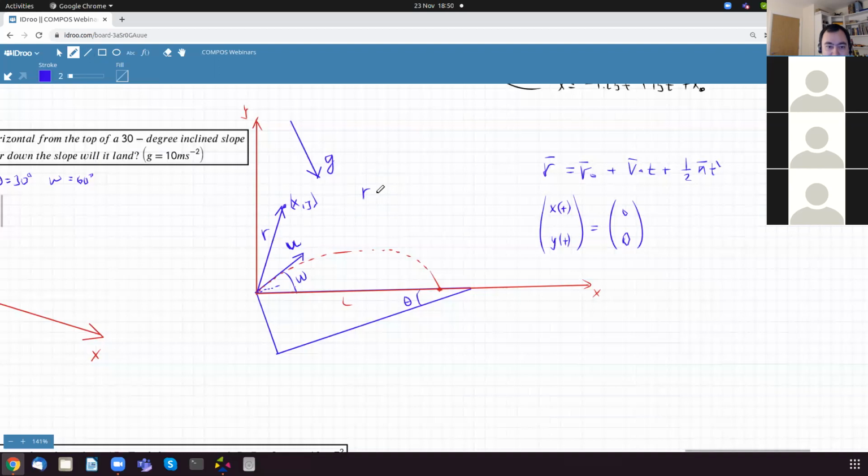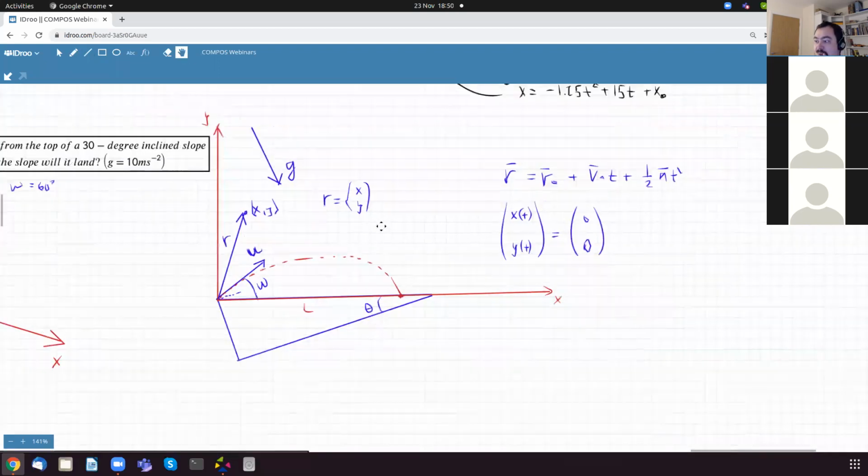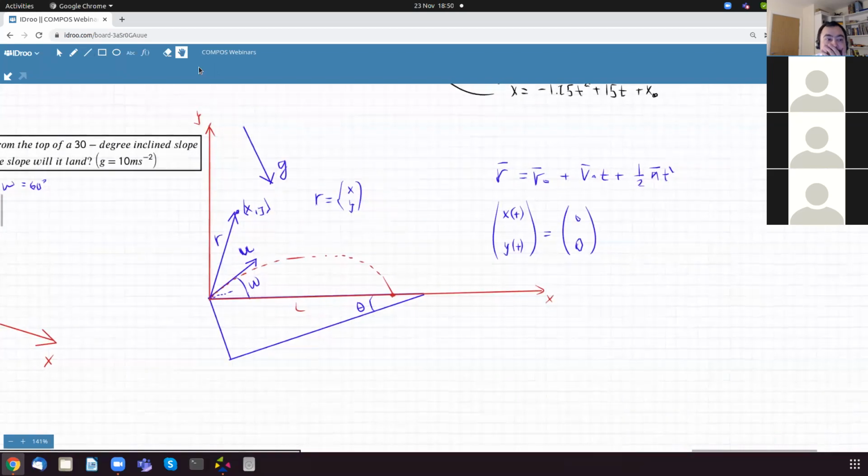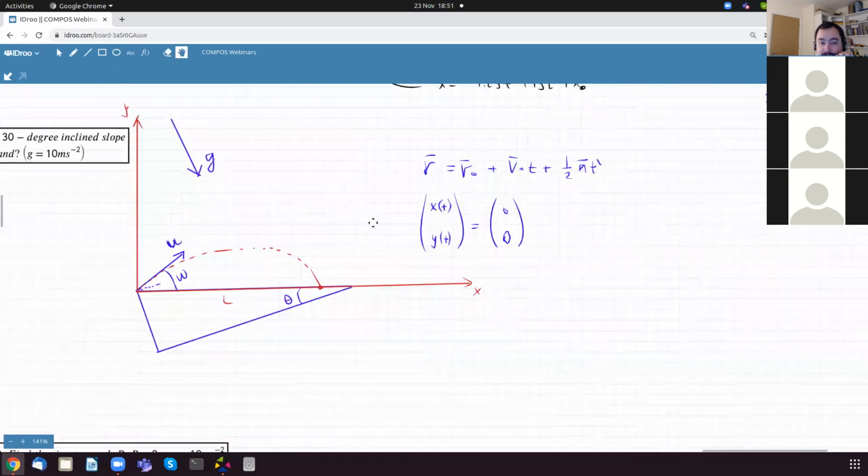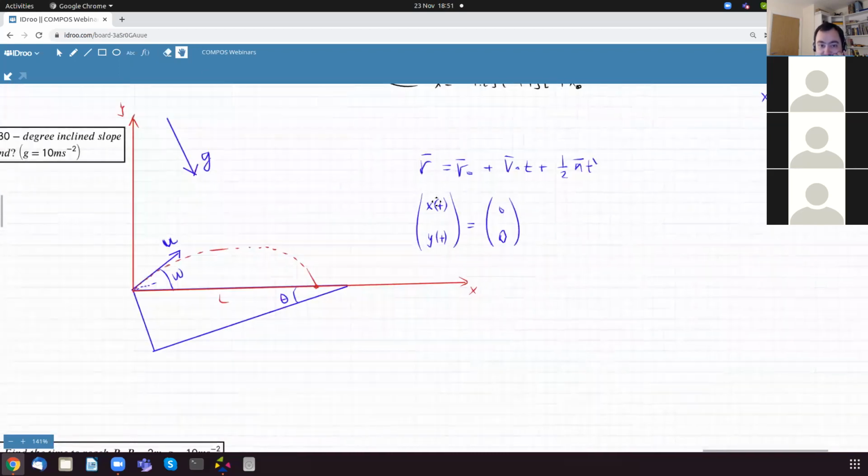So vector R has coordinates x and y for any point. So it's called the radius vector or the position vector of a point. Okay, so this equation gives you the coordinates of the vector. So the vector R is the x and y coordinate of the object.